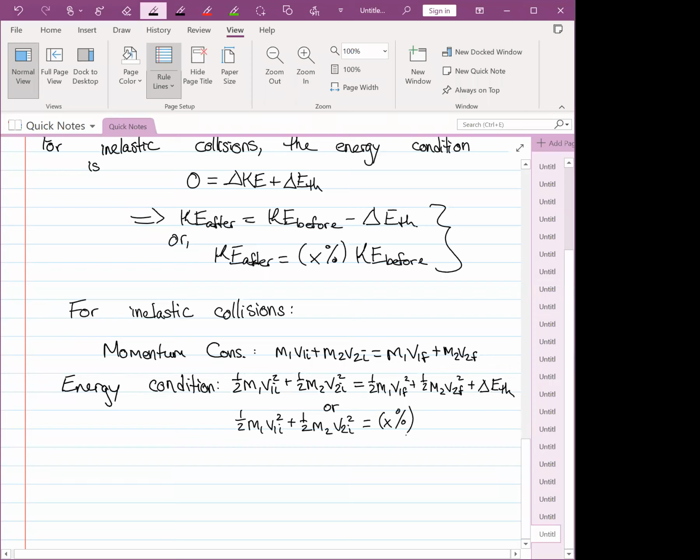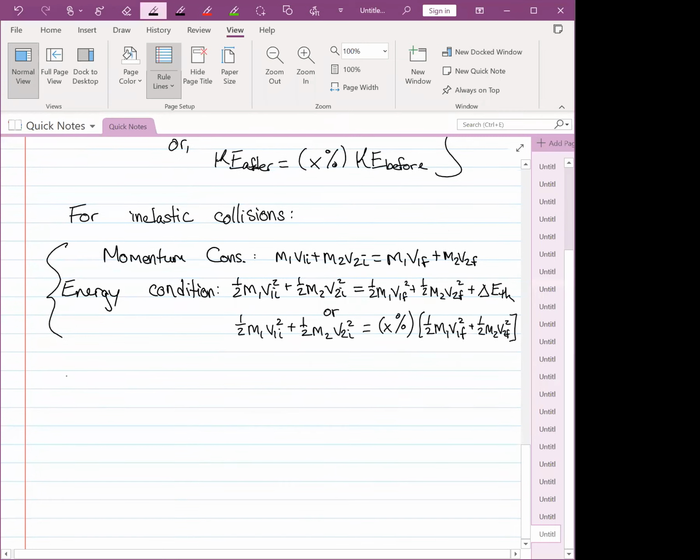So you guys know how to write a percentage in terms of a fraction. Those are just two equivalent energy conditions. They both represent conservation of thermal plus kinetic energy. They're just two different ways of writing it. And so these two equations are the equations that you would need to solve a one-dimensional inelastic collision that's not totally inelastic.